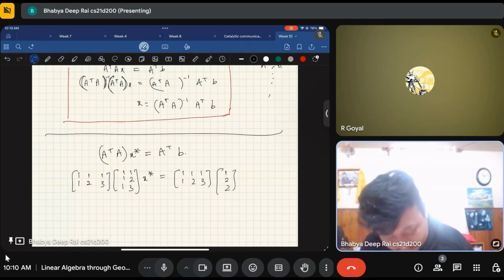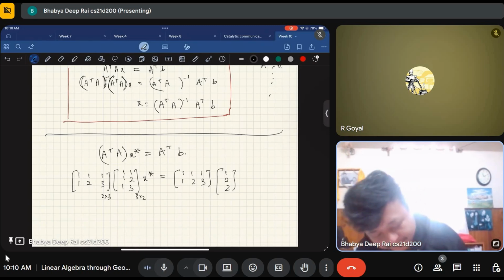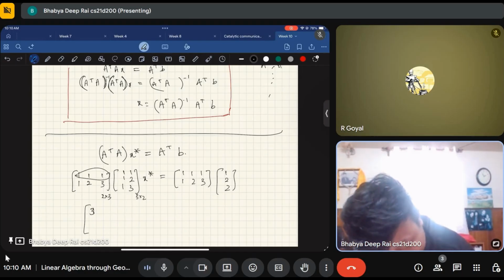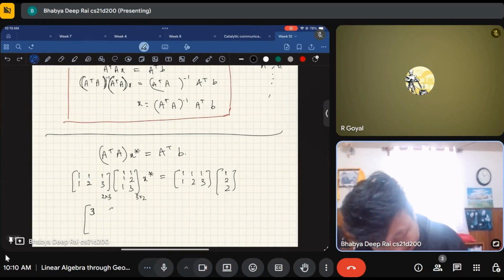Now we can multiply it. What do you have? First entry, 1 1 1 times 1 1 1, will be 3. Then the first row with the second column, 1 plus 2 plus 3 is 6.